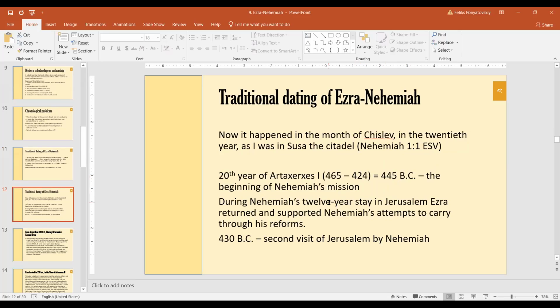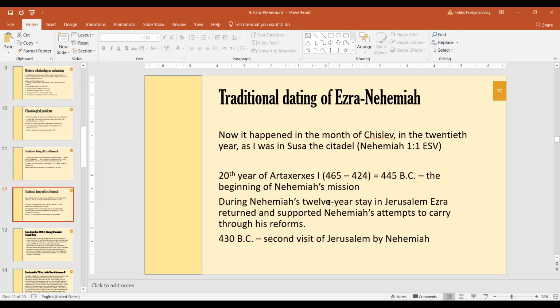That is why in chapter 7 of the book of Nehemiah, we can see that Ezra and Nehemiah are mentioned together. And after that, we do not know what happened to Ezra. And Nehemiah also went back to Persia, and in the year 430, he came back to Jerusalem again.